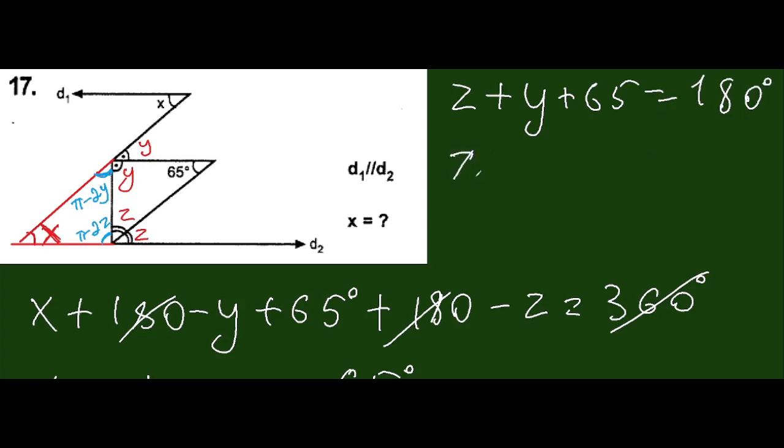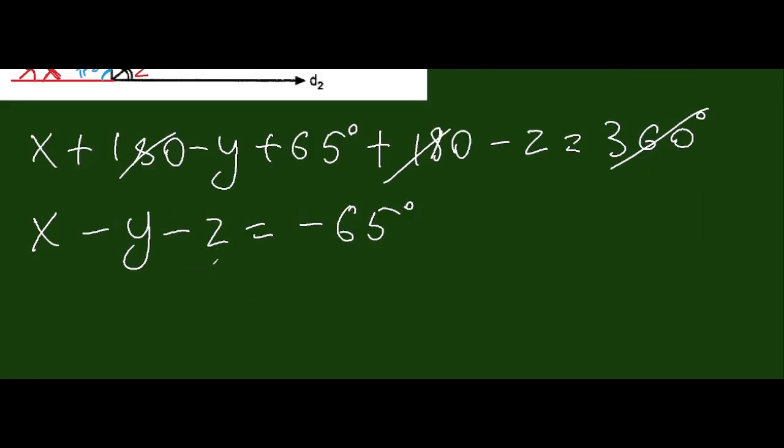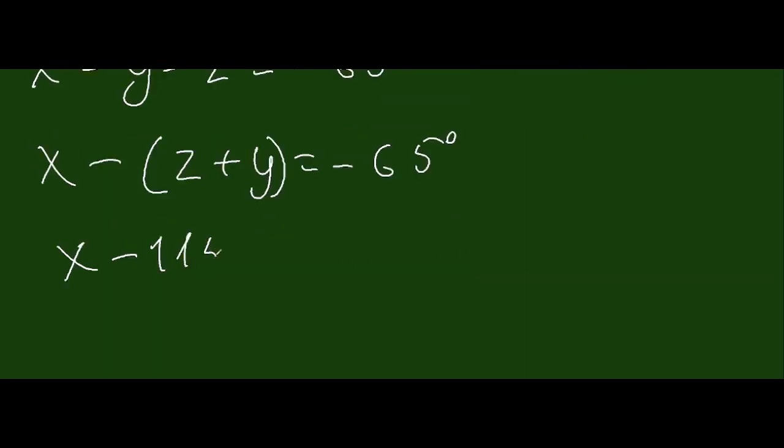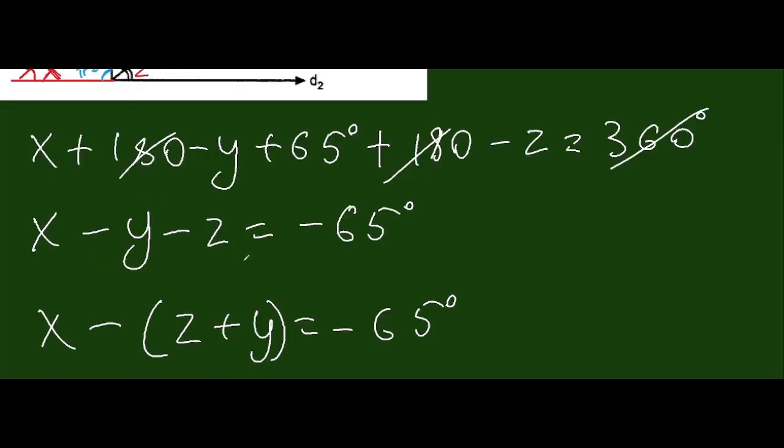From here we can find out z plus y, and it will equal 115 degrees. So we'll plug 115 here, and so it will be x minus (z plus y) equals minus 65 degrees, and x minus 115 degrees will equal minus 65 degrees, which means x will equal 50 degrees. This is our answer.